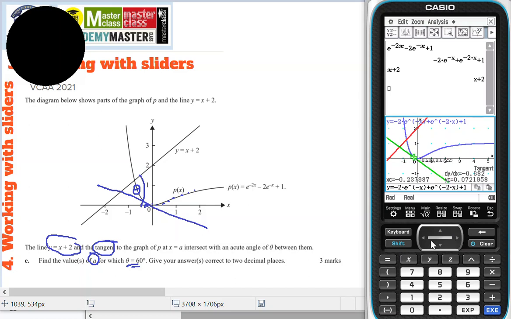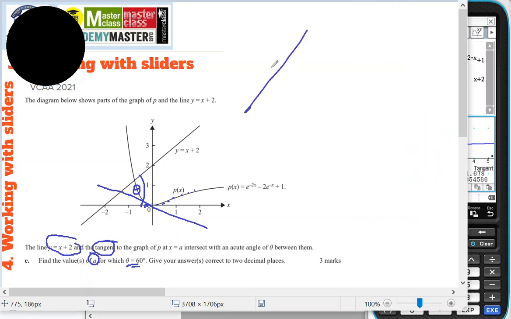And if I keep on going, this angle is getting much larger. But remember, when my angle between my line y equals x plus 2 and my tangent gets to 120 degrees, that means it's also making a 60-degree angle between them, because it just said the acute angle between them is 60 degrees.